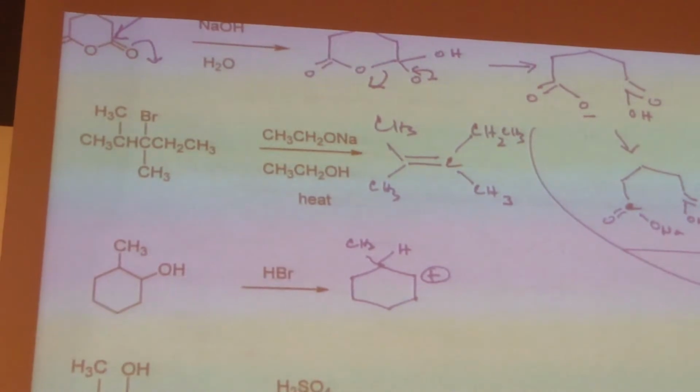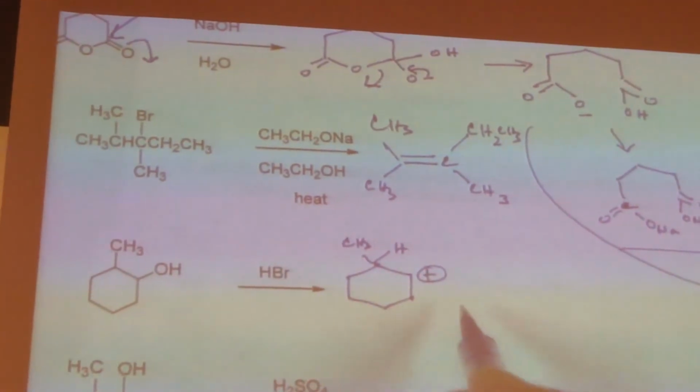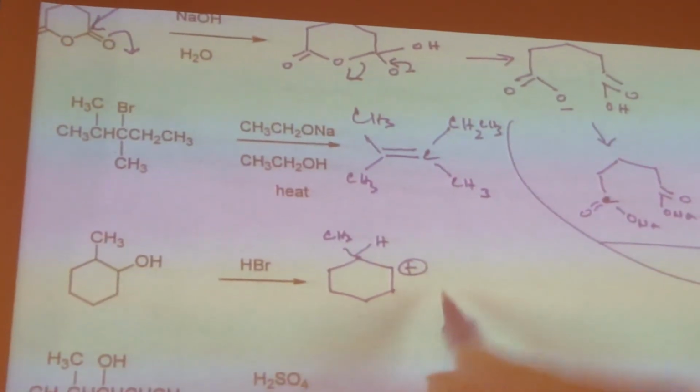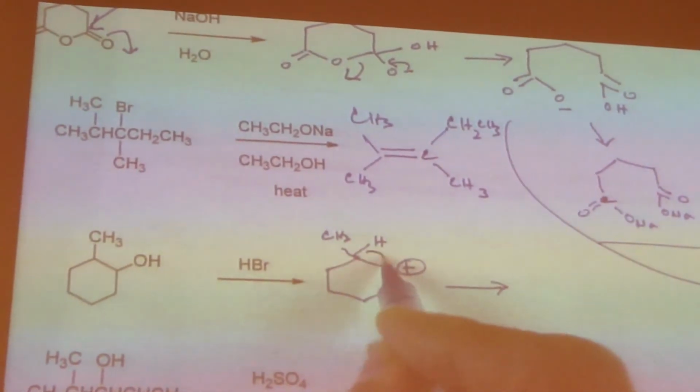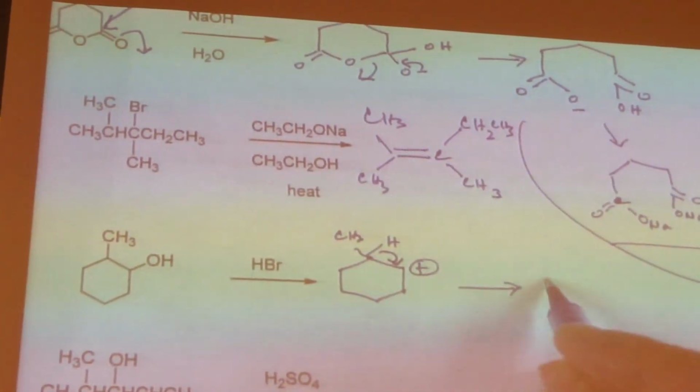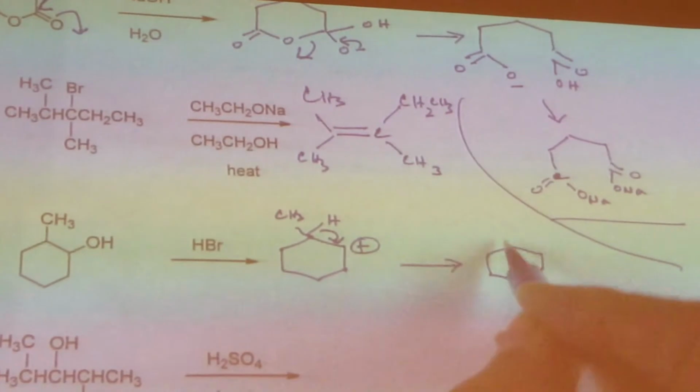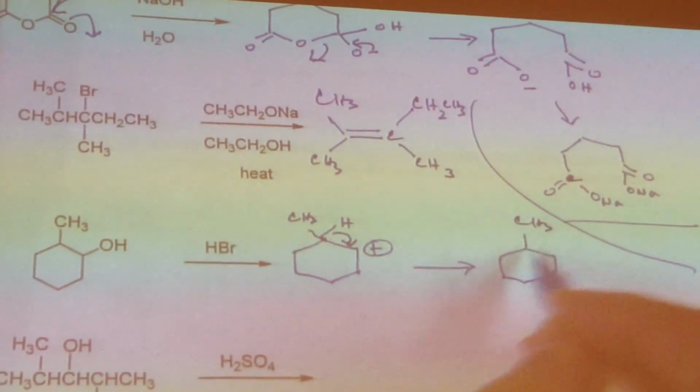And this can generate the final product, but also it can undergo a rearrangement where you have a hydride transfer, giving you a more stable cation. And both of them will give rise to product.